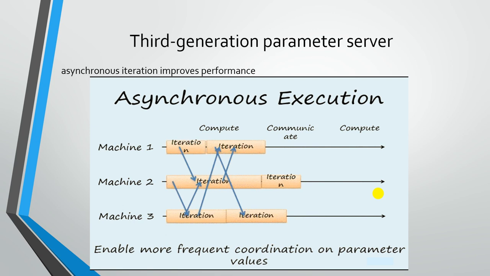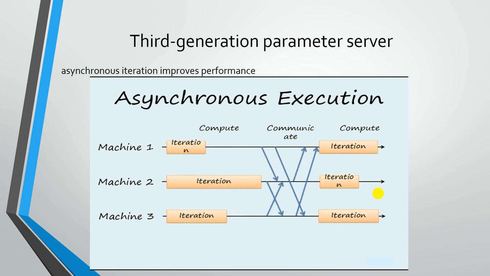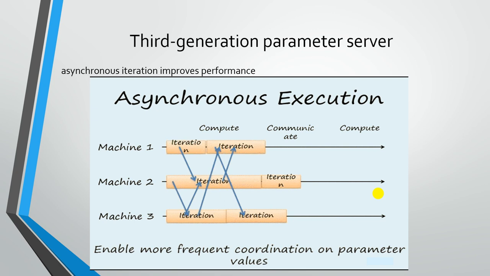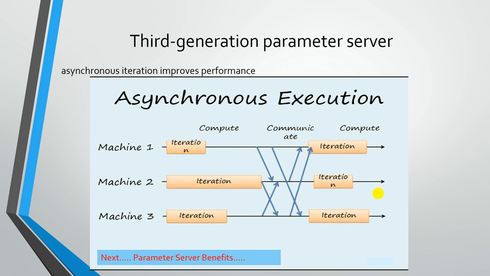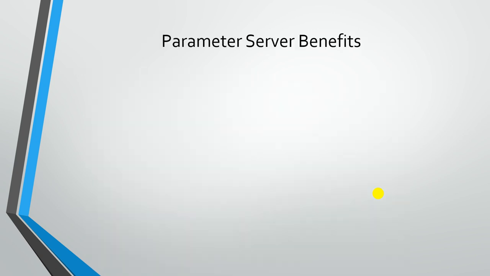Okay, after talking about these shortcomings of the distributed system, let's focus on the 5 key features of the parameter server. The first one is efficient communication. Since it is asynchronous communication, there's no need to stop and wait for some machines to perform an iteration, unless necessary. That means if we need the result of the first iteration to compute the second iteration, then we have to hold until the other computers get the result.